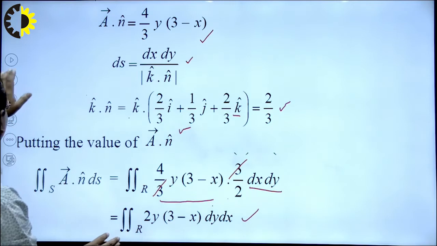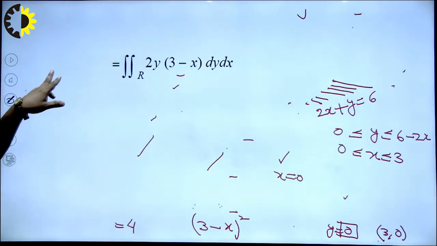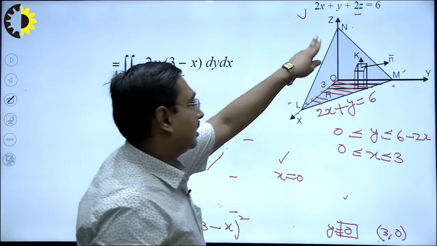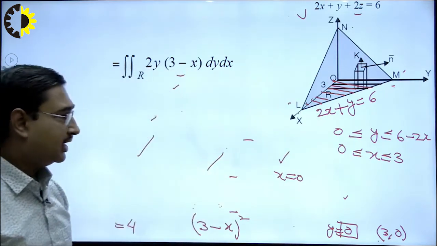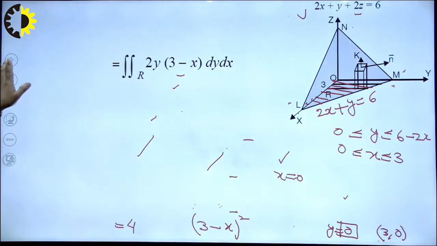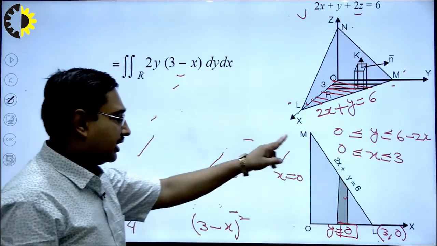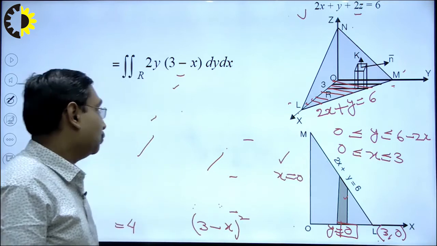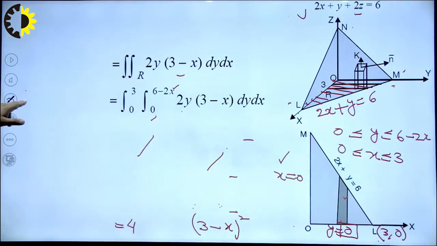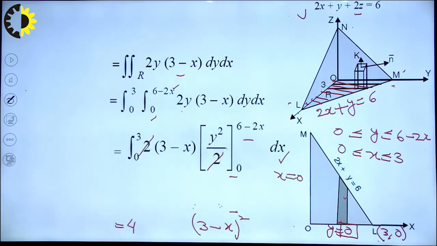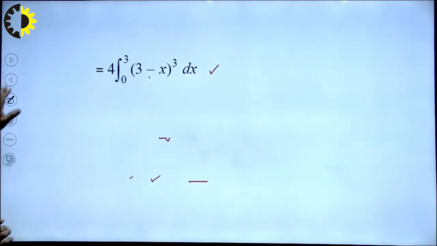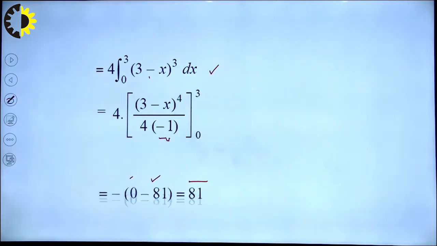Now to evaluate this double integral, I drew what is our given surface, then what will be its projection on the xy plane. Its projection on the xy plane was used to find limits of x and y. Those limits were applied, and evaluating the double integral, we obtained the value of this surface integral.